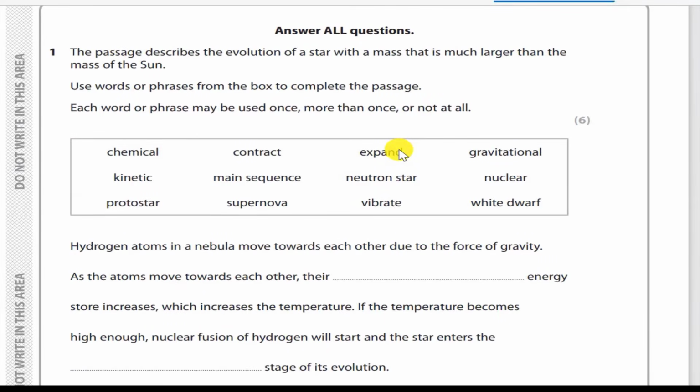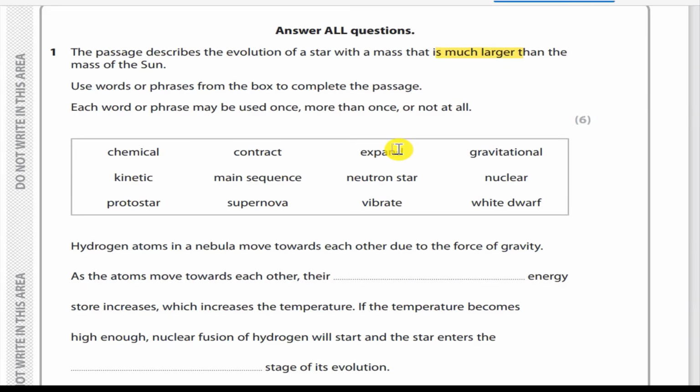Question number 1. Answer all the questions. The passage describes the evolution of a star with a mass that is much larger than the mass of the Sun. Use words or phrases from the box to complete the passage.